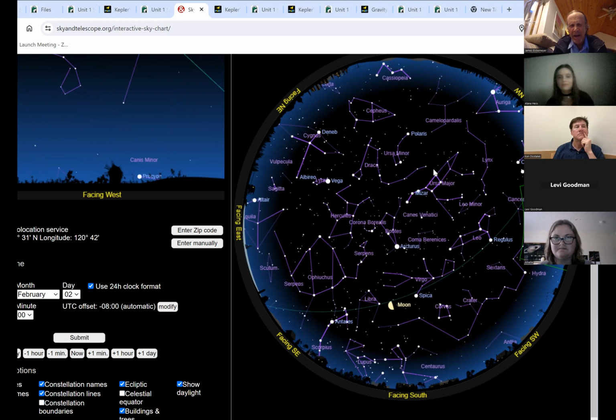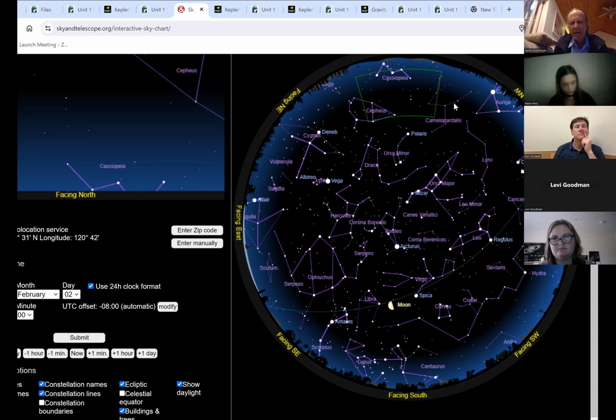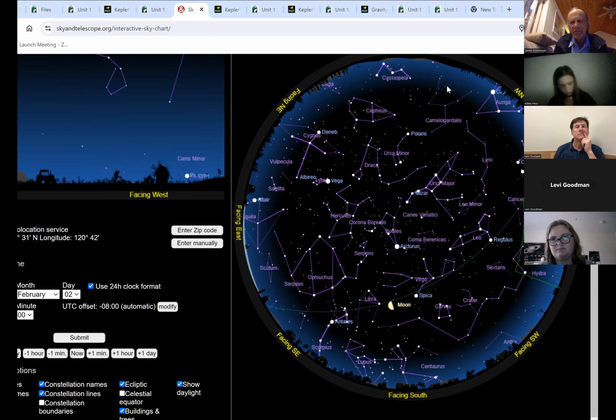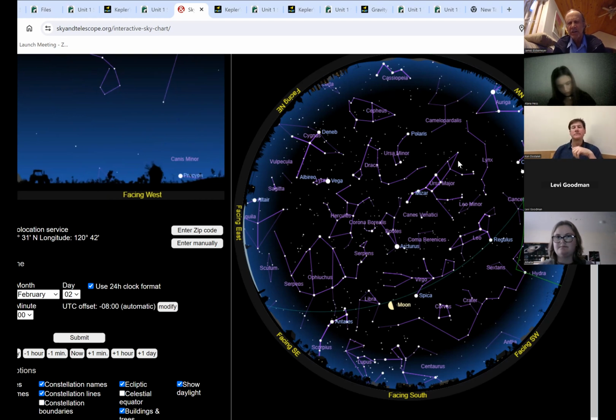When you wake up, you see the Big Dipper is pointing like this, but it was over here before. So the Big Dipper went through a 90-degree angle, but 90 degrees is 1/4 of a circle. This thing is going to go all the way around each day because of the Earth's rotation. So it's the Earth's rotation that's making this apparent motion of the stars around Polaris. If you turned off the Earth's rotation, then the stars would cease to move.